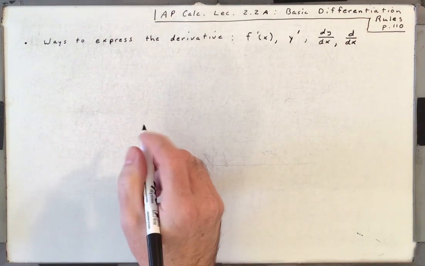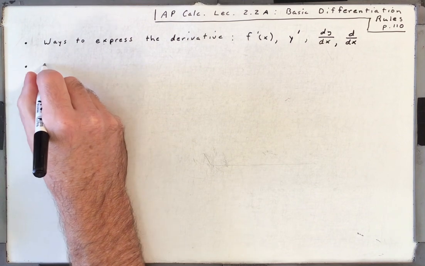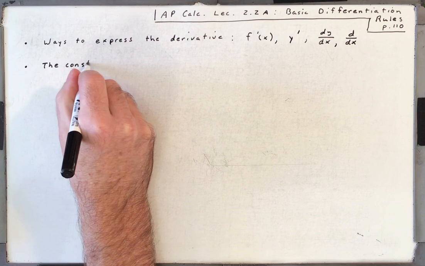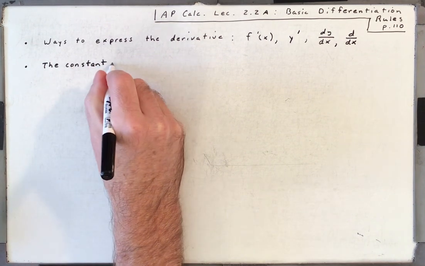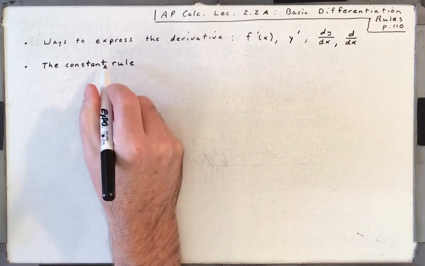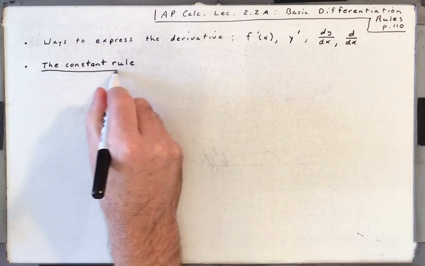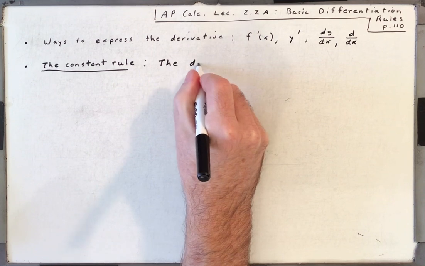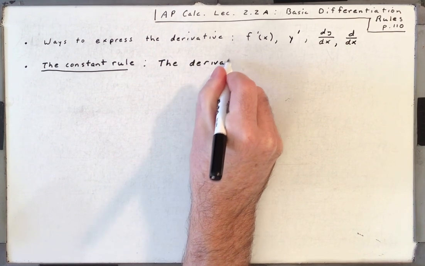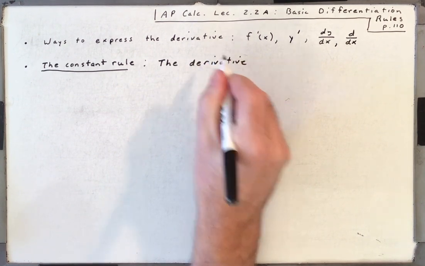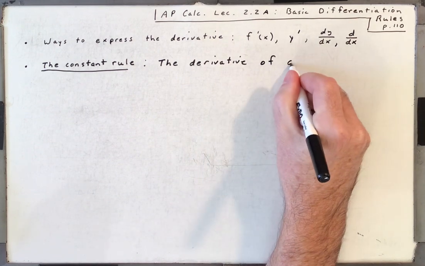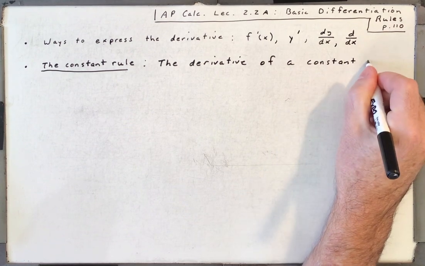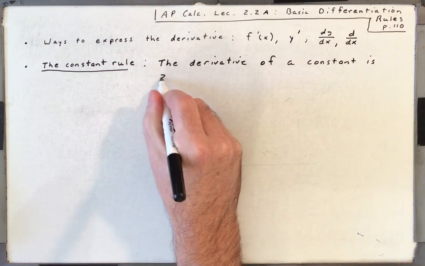All right, let's go with our first rule. It's called the constant rule. And that is the derivative of a constant is 0.